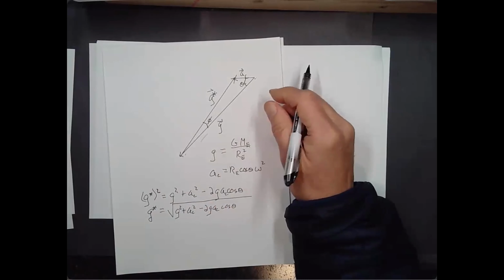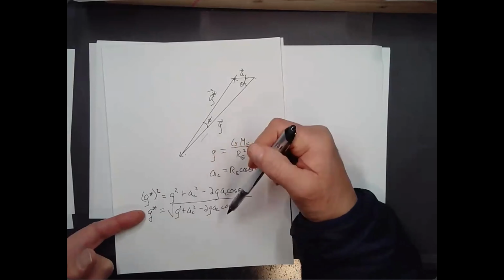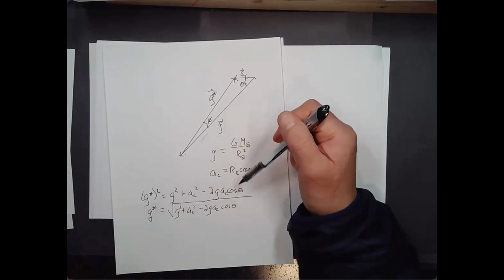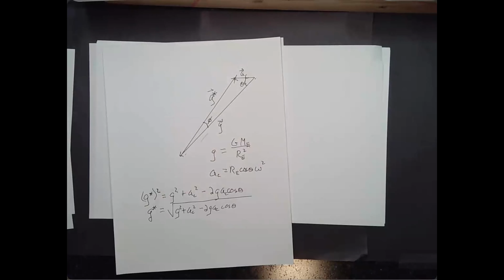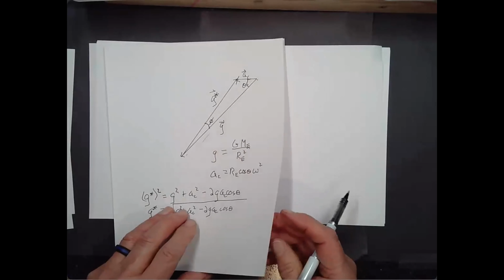Okay, so we can figure out what the acceleration due to gravity will be based on these things that we know. By the way, all of these calculations I'm doing right here are assuming that the Earth is a perfect sphere, which it is not. However, we're just going to assume that for this little exercise.